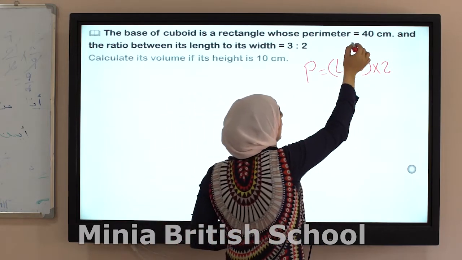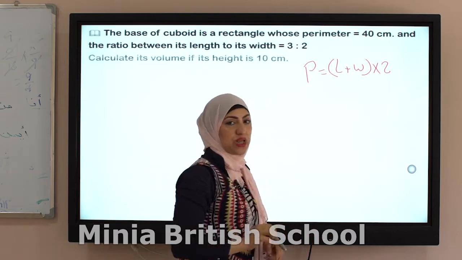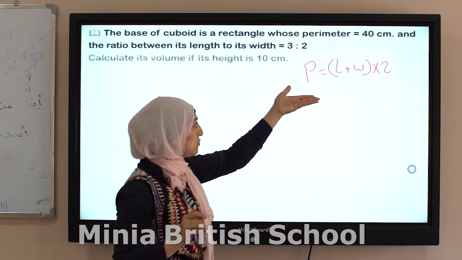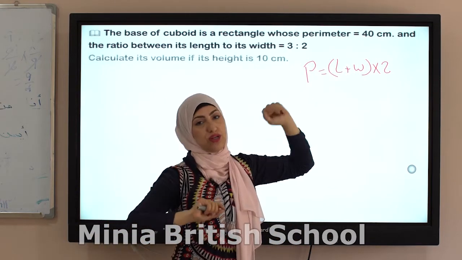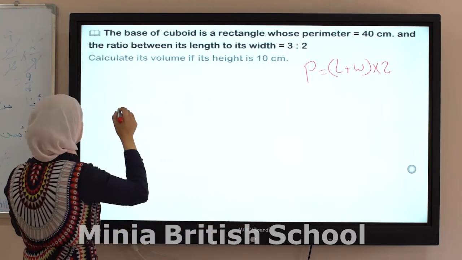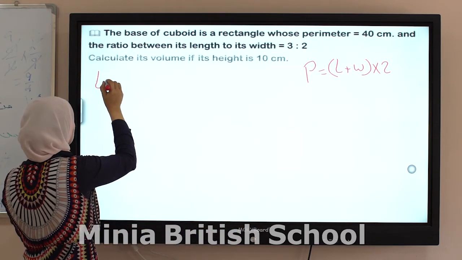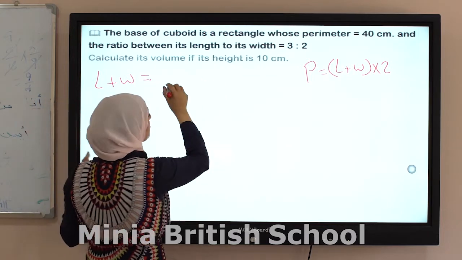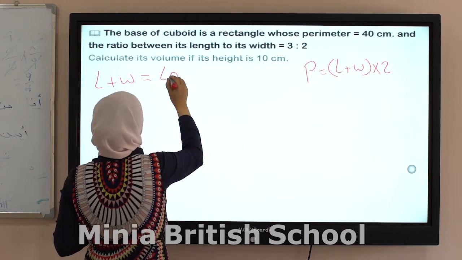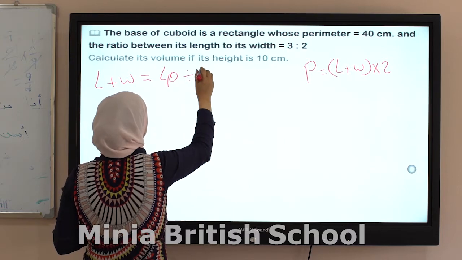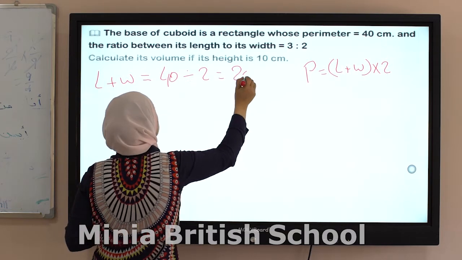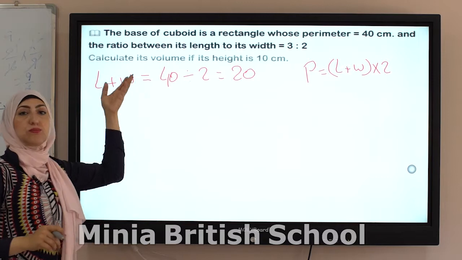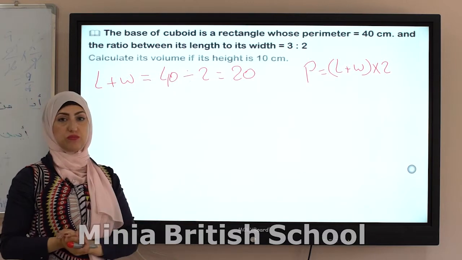So I'll divide the perimeter by 2 to get the length and width only. So here, first of all, I'll say length plus width equals 40 divided 2 equals 20. So length plus width equals 20.